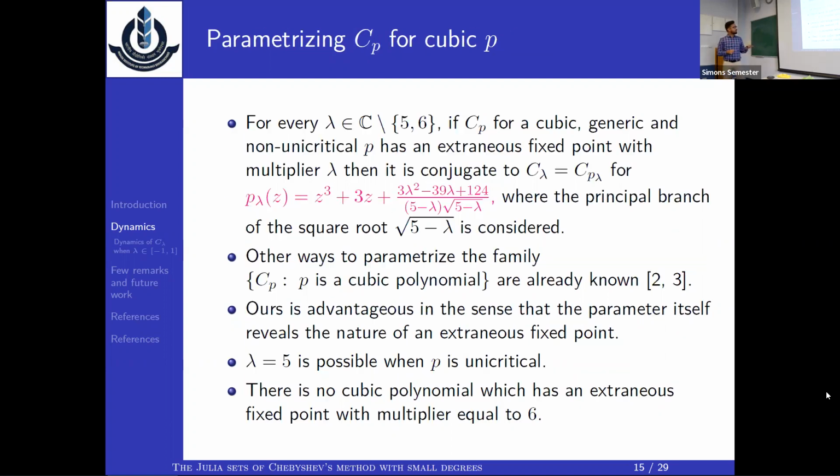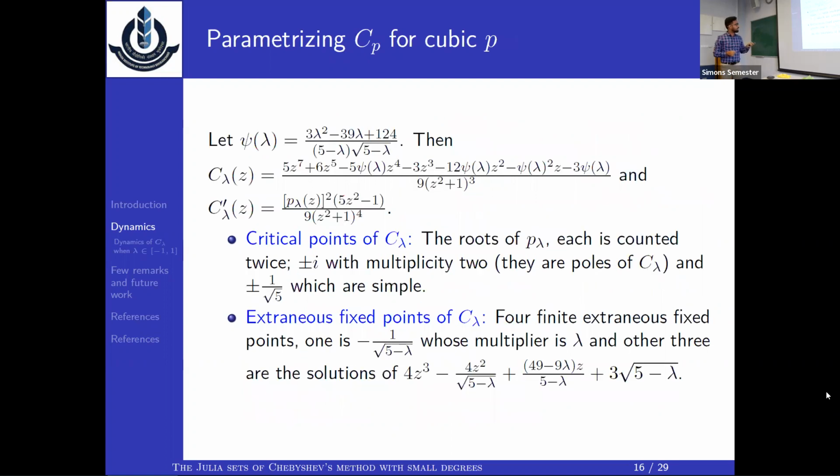So considering the constant term of this polynomial as a function of lambda, we have this form of the Chebyshev method, and its multiplier, its derivative, will be this. From this derivative, we get that the roots of P are actually super attracting fixed points of CP.